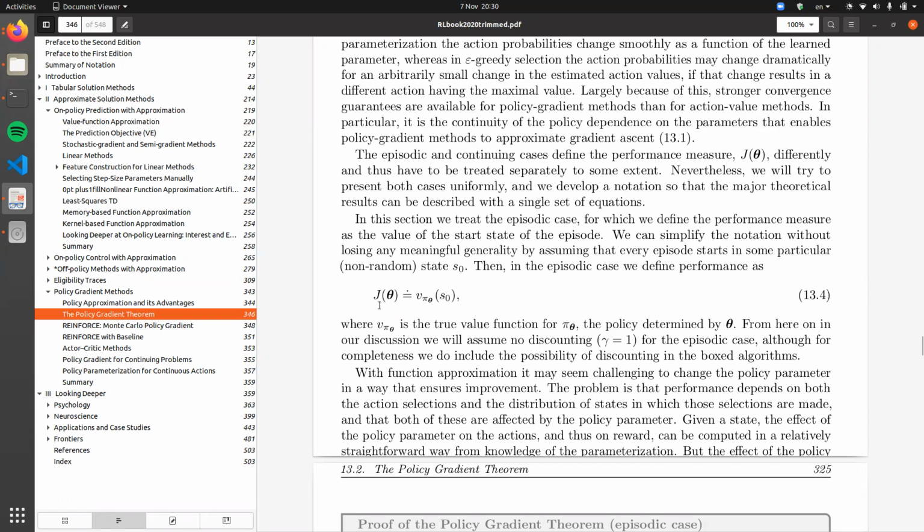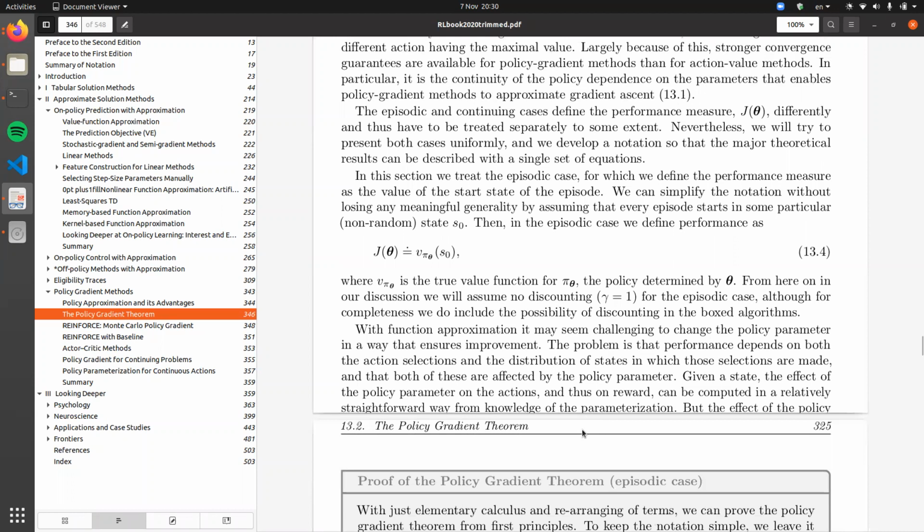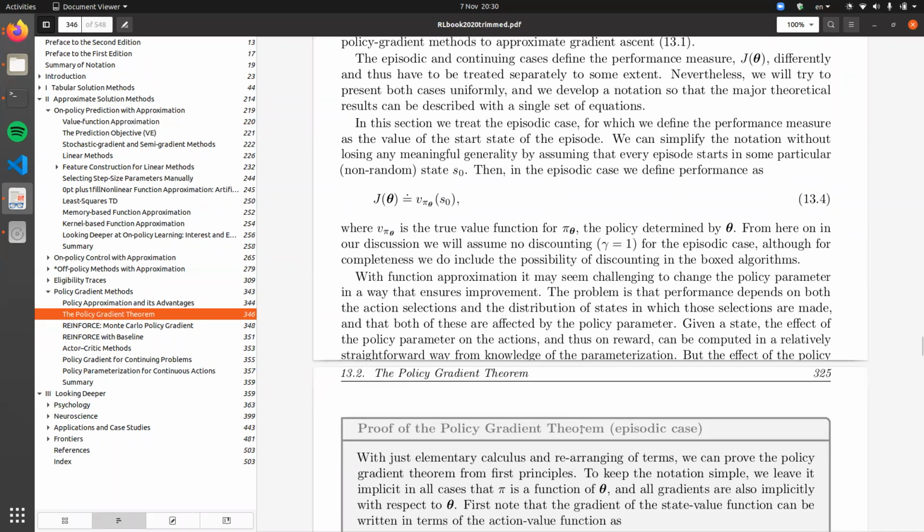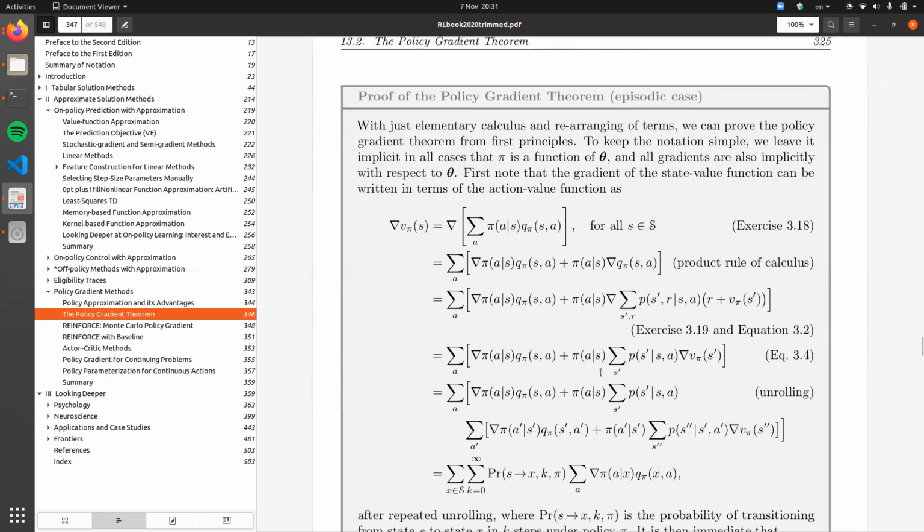Then we can define the objective we want to maximize as the value of the starting state. That is completely reasonable. We want to get as high a reward as we can for an episode, and that objective will provide us just that.